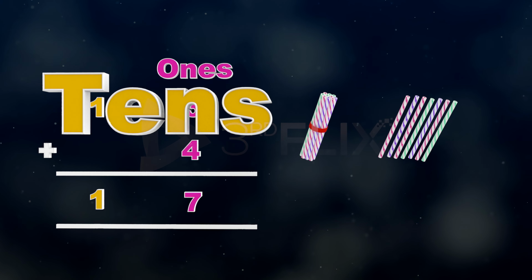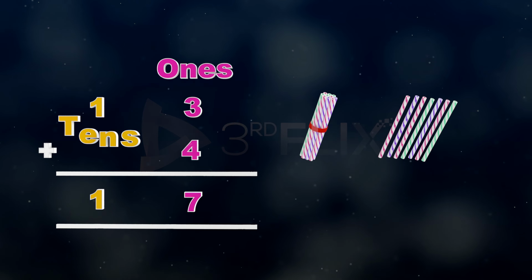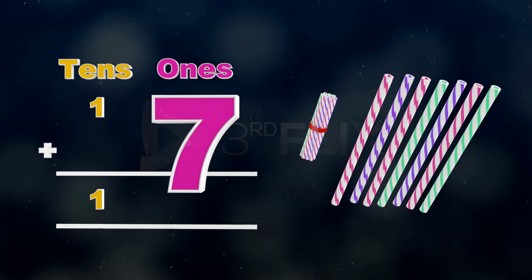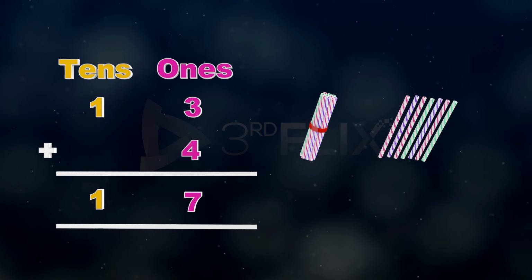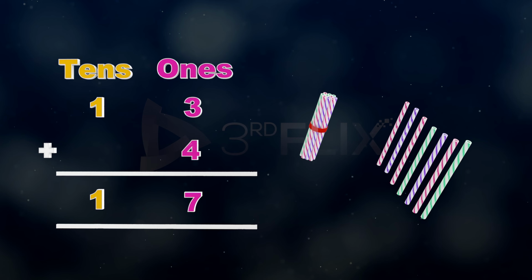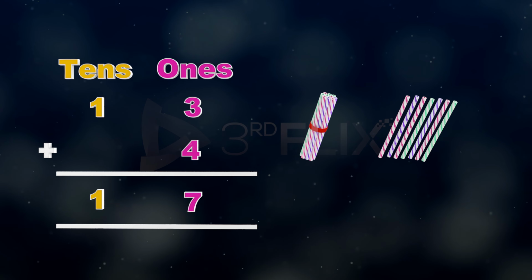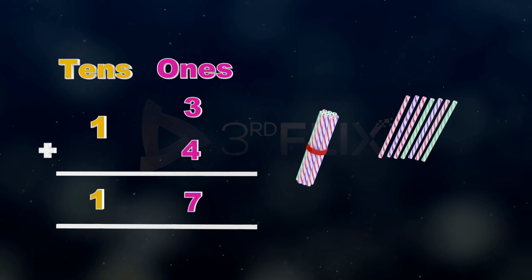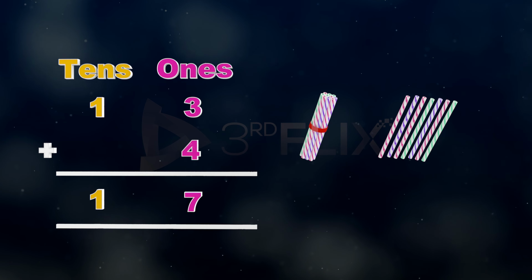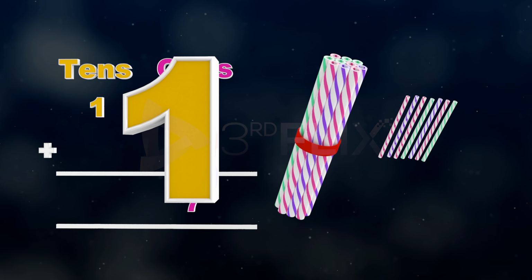Total tens, 1, ones, 7. We are adding only individual straws, ones, whereas there is no change in the bunch of 10 straws. That's why we write the same number in the tens column.